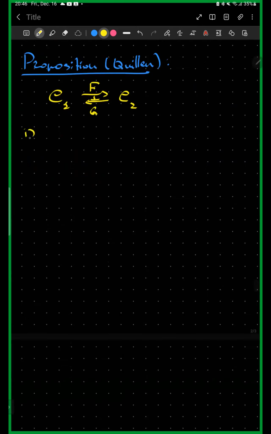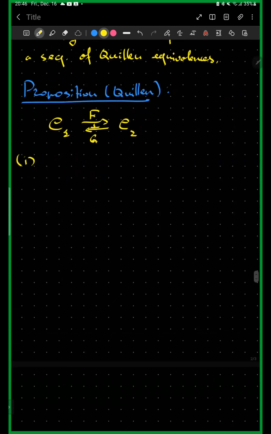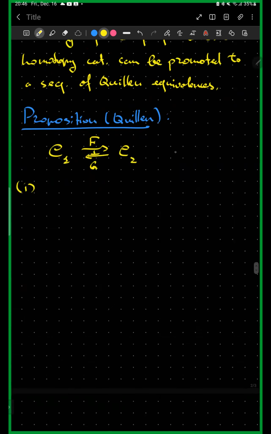So we assume the following: first of all, assume that C1, S1 and C2, S2 are categories with equivalences, meaning that the classes S1 and S2 are 2 out of 3 closed and contain all isomorphisms.